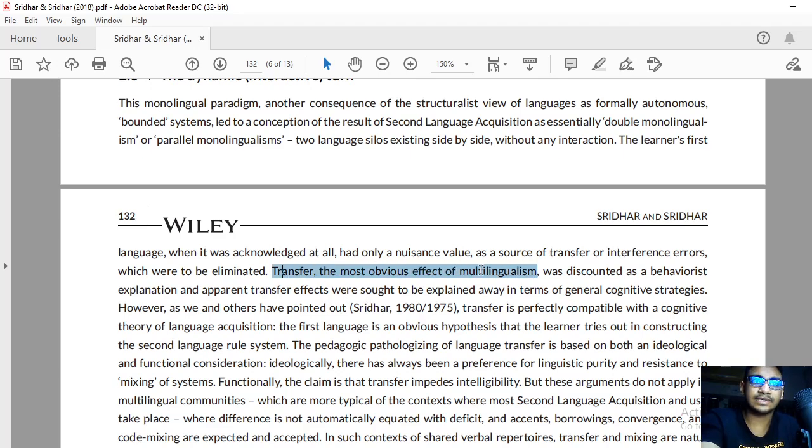Transfer, the most obvious effect of multilingualism, was discounted as a behaviorist explanation, and apparent transfer effects were sought to be explained away in terms of general cognitive strategies. Alright, so behaviorism is a very important but outdated theory.